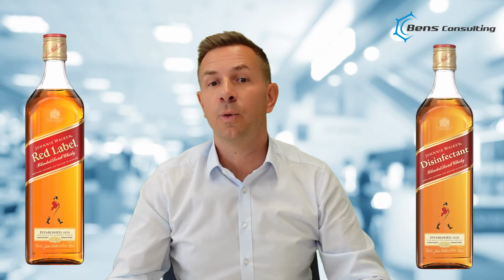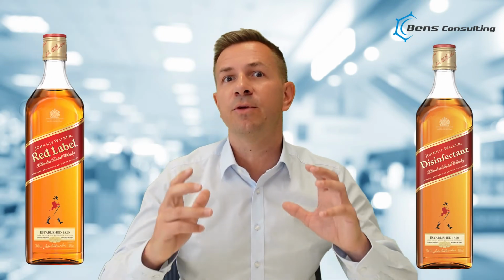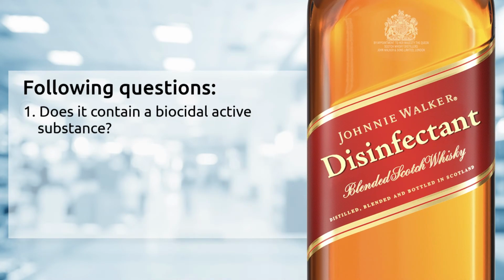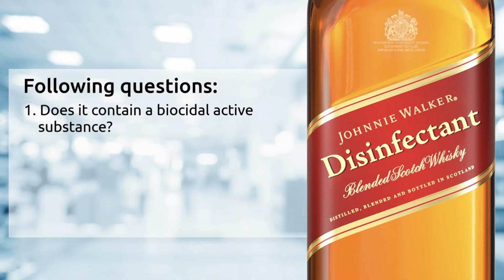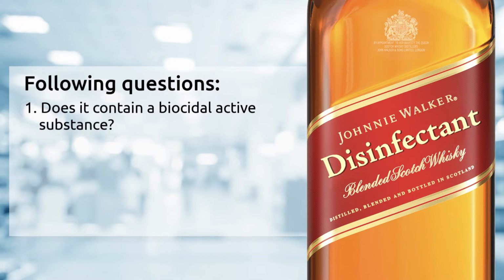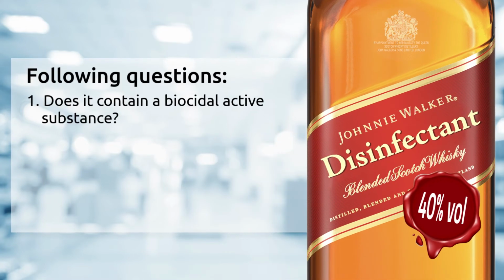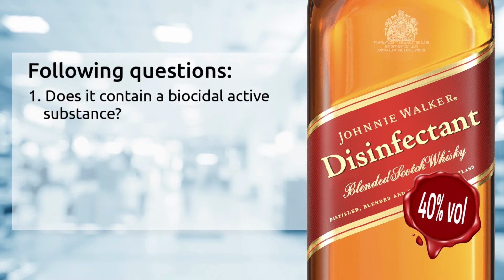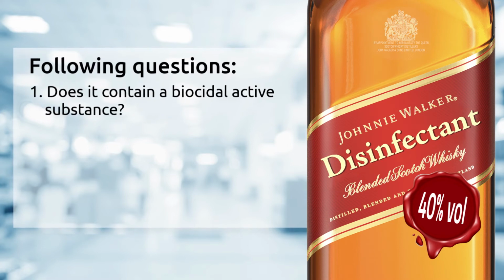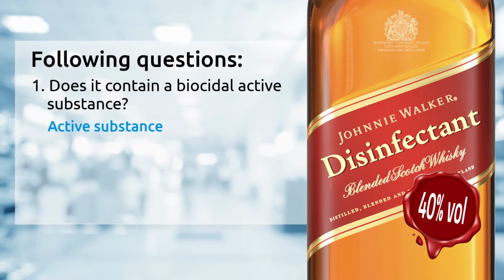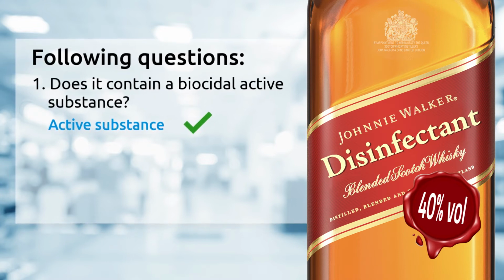So, to determine which one is a biocidal product, we have to ask the following questions. First, does it contain a biocidal active substance? The liquid in both cases contains more than 40% of alcohol. In this case, it's ethanol, which is generally recognized as a biocidal active substance. So the answer is yes, both contain an active substance.